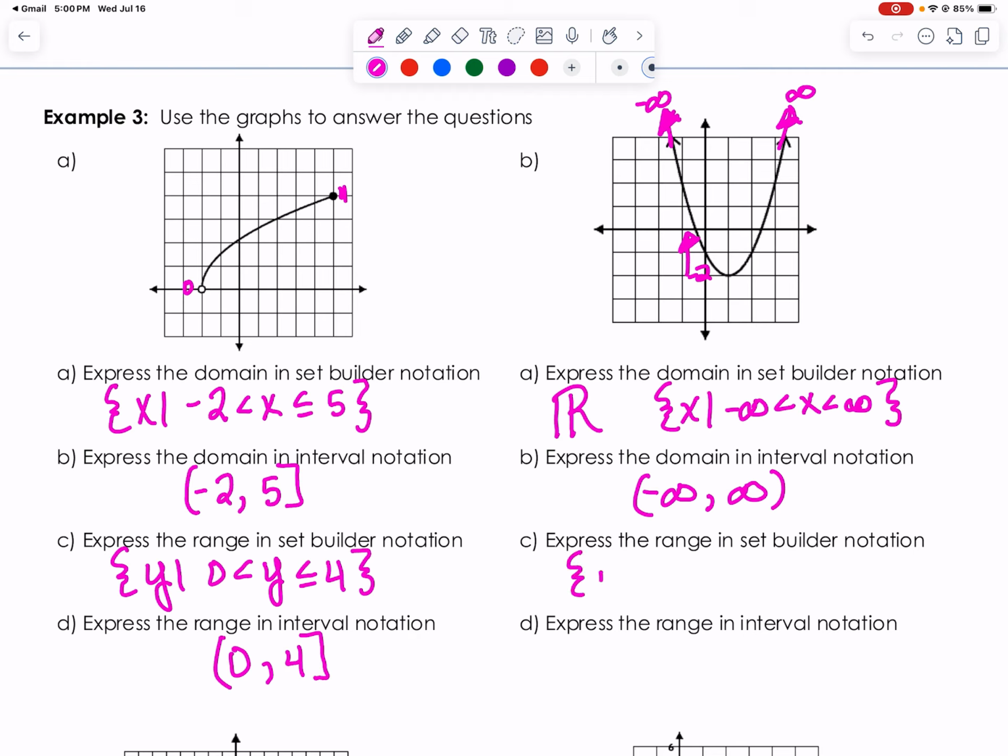So the set of all y's such that y is greater than or equal to negative 2. Now, in interval notation, our smallest number is negative 2. Our largest number is positive infinity. Positive infinity gets a parenthesis, and negative 2 gets a bracket.